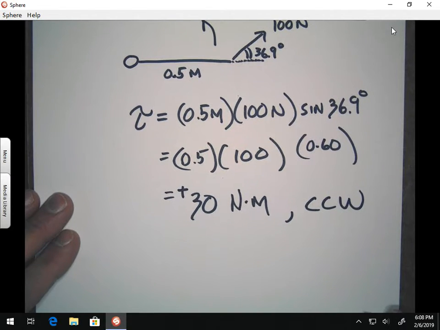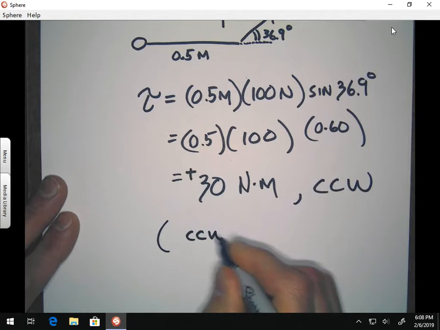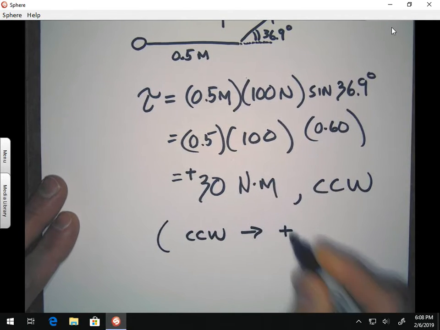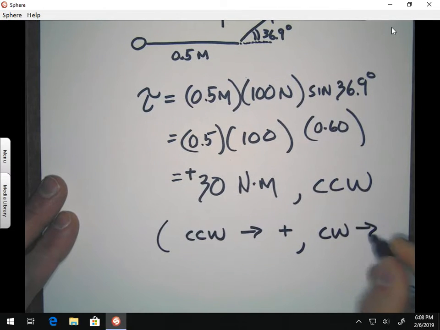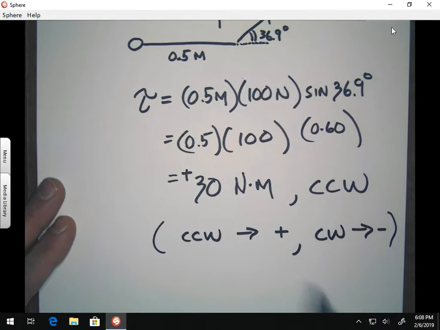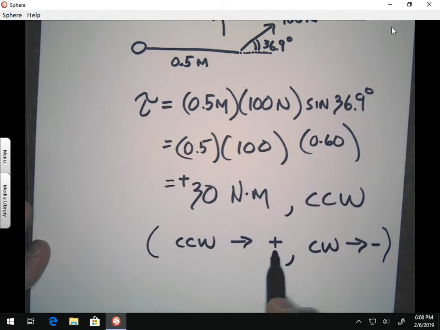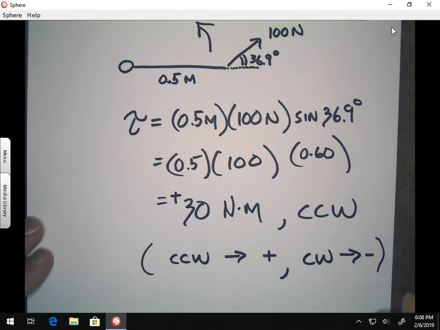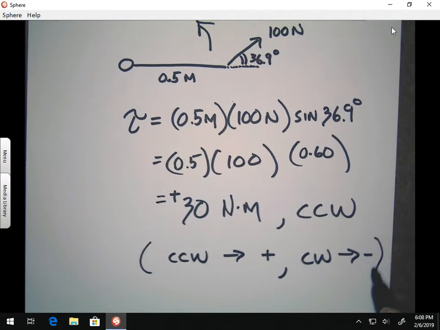So you might just add that to your notes, that CCW always gives positive torques, whereas clockwise always gives negative. So I always like to write CW or CCW, but putting plus or minus also is something which the pros do, and you'll see that it's a useful thing later on.